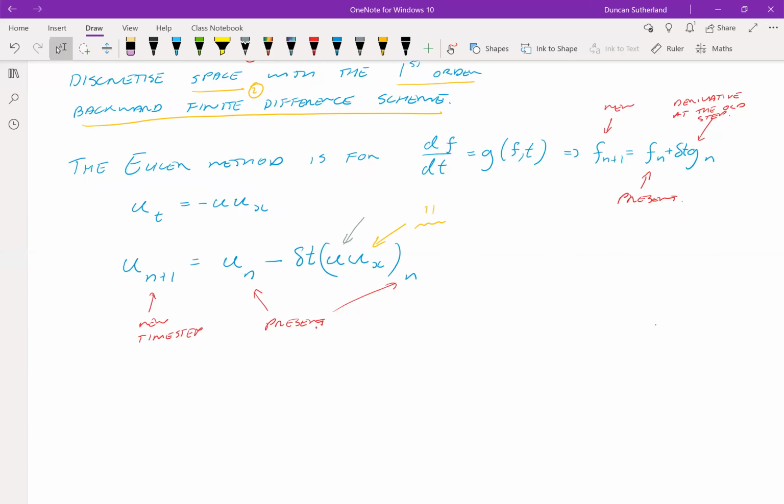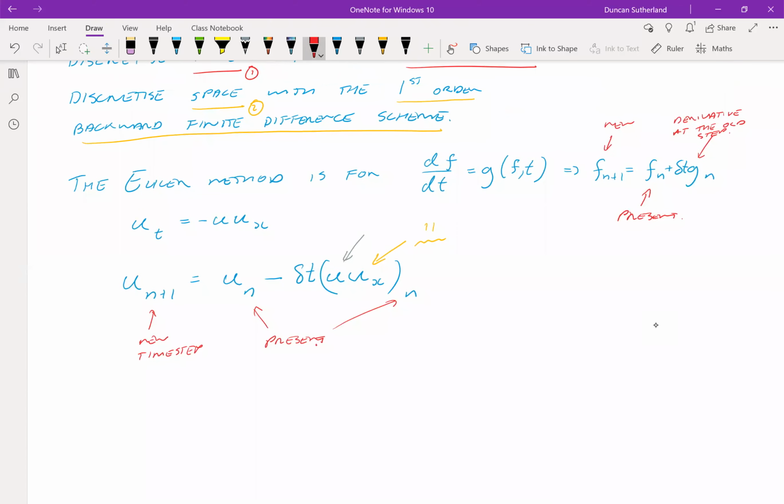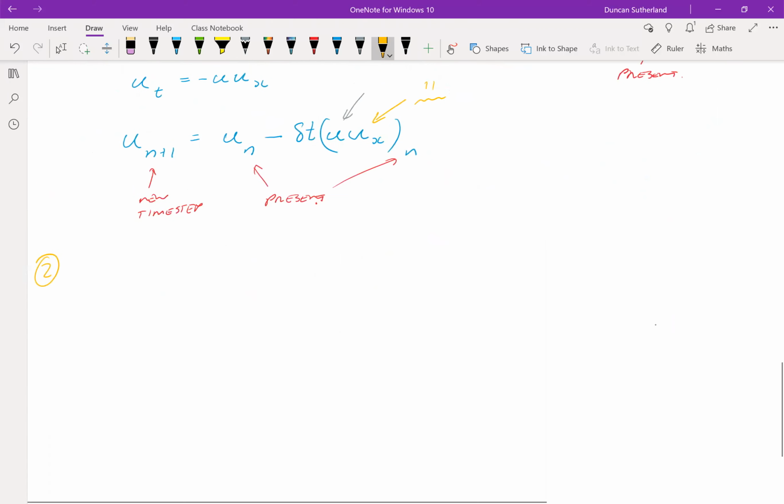Well, finite difference schemes, we want to approximate the derivative on a grid. So much like the Euler method for time, we're here.